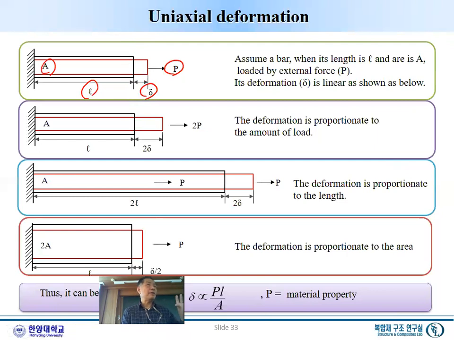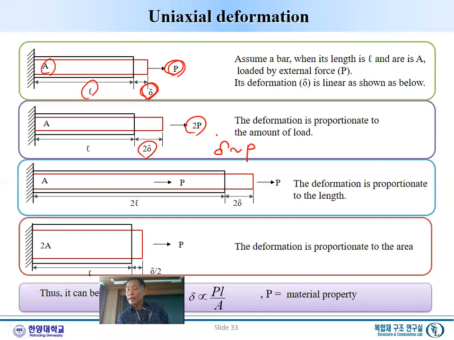Now, let's consider the case when we double the force P. We increased it twice. What will happen to this delta? Well, you can simply say that the deformation will be doubled. Do you agree? Yes.